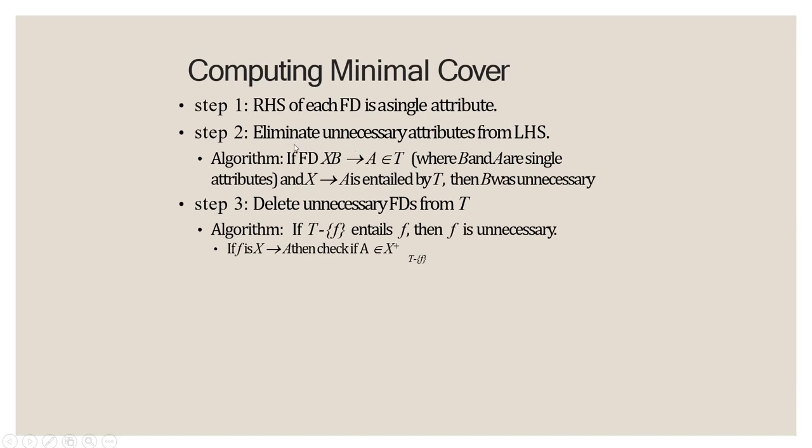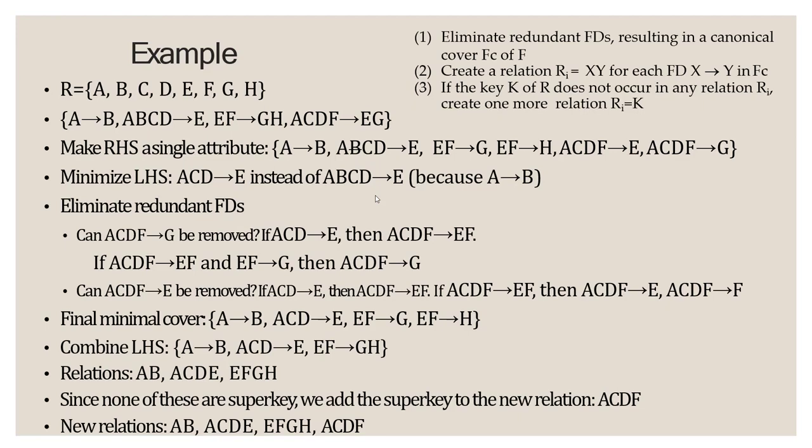After that, you want to eliminate all of the unnecessary, redundant, or extraneous attributes from the left-hand side. We also want to delete all the unnecessary functional dependencies, which are dependencies that can be inferred from other dependencies. After you get rid of all of those, you will get your FC, which is the canonical cover of your functional dependencies. Here is an example.